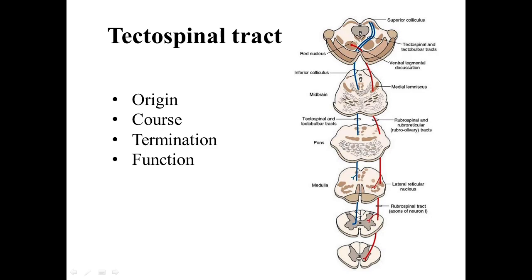And the function of this tract is that it is responsible for the reflex postural movements of the neck in response to visual stimuli. So the tectospinal tract is concerned with visual stimuli, and in response to visual stimuli, there is reflex postural movement of the neck.